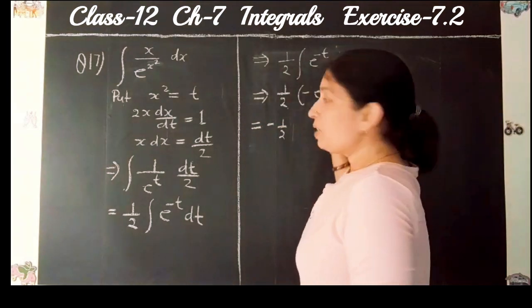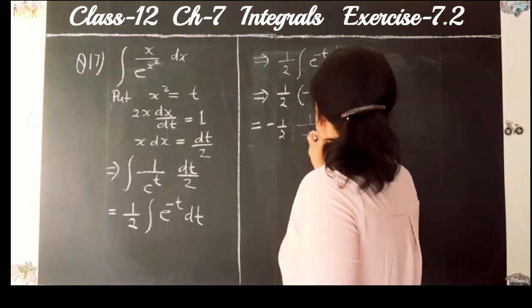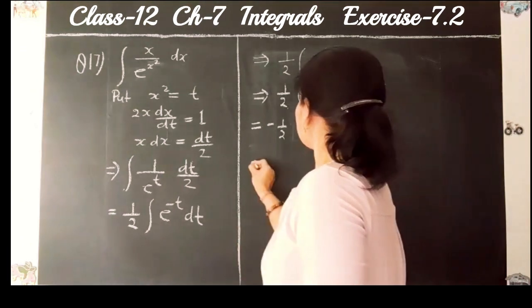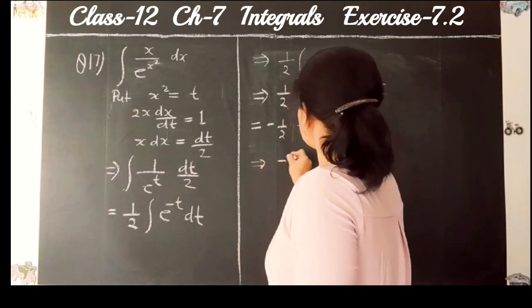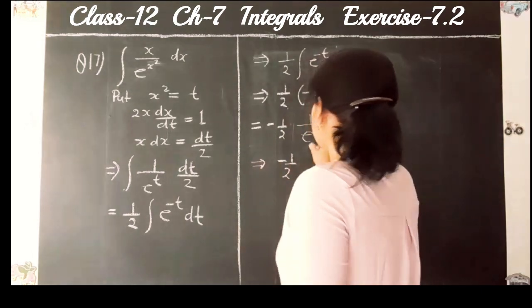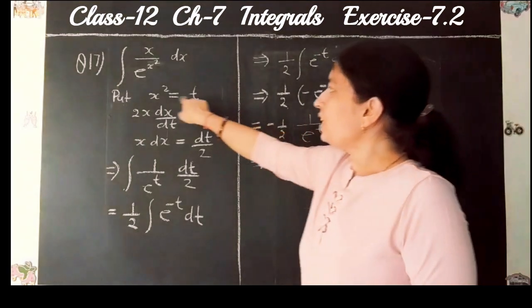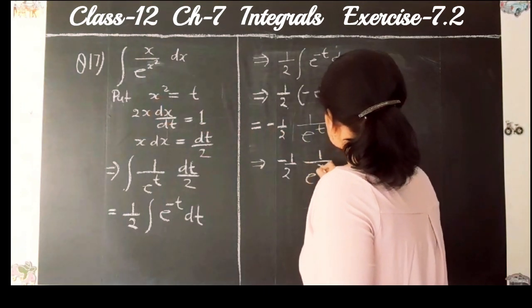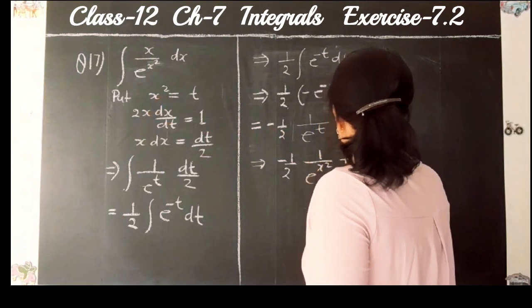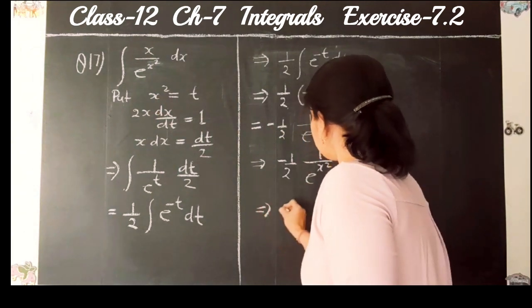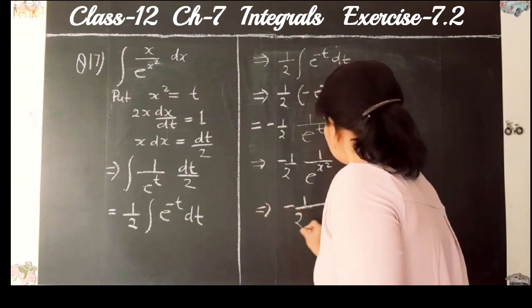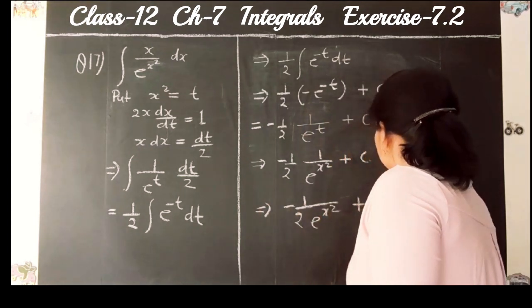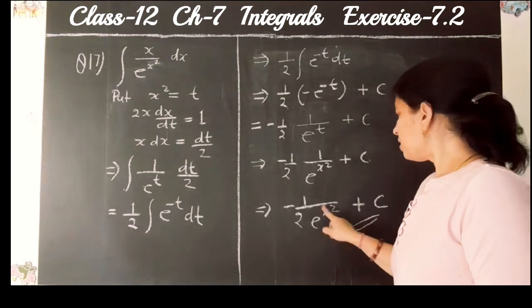E to the power minus t means 1 by e to the power t plus write a constant c. Then minus 1 by 2 and put the value of t. T is equal to x square. So it will be e to the power x square plus constant c. So finally we can write minus 1 by 2 e to the power x square plus constant c. This is your answer.